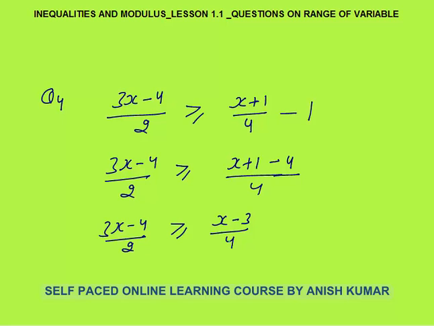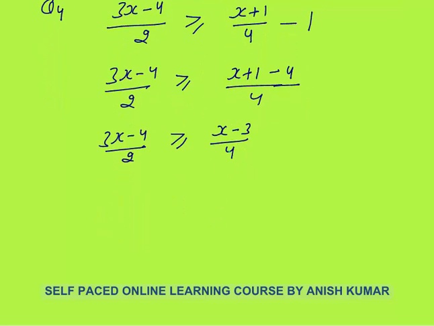Multiply both sides by 4. Multiply the inequality by 4. If you multiply both sides of the inequality by the same positive number, the sign of inequality will not change. This will become 2 into 3x minus 4 greater than x minus 3. 4 and 4 will get cancelled out.